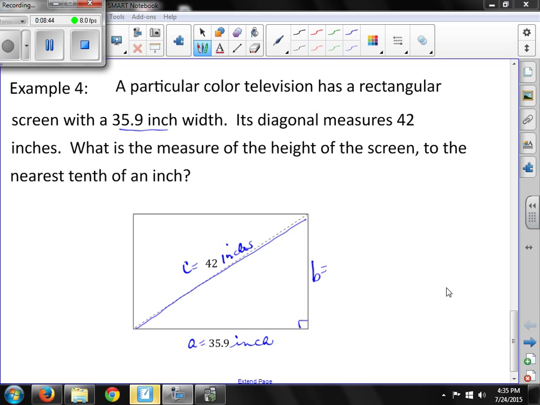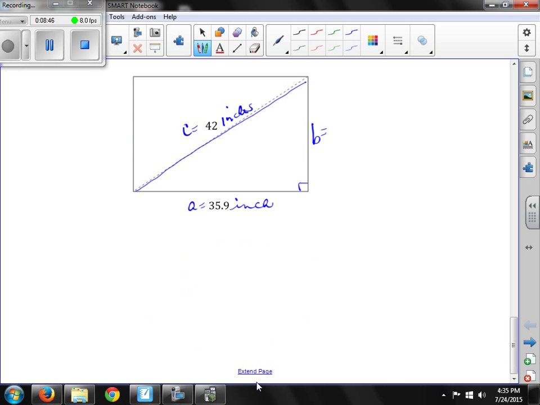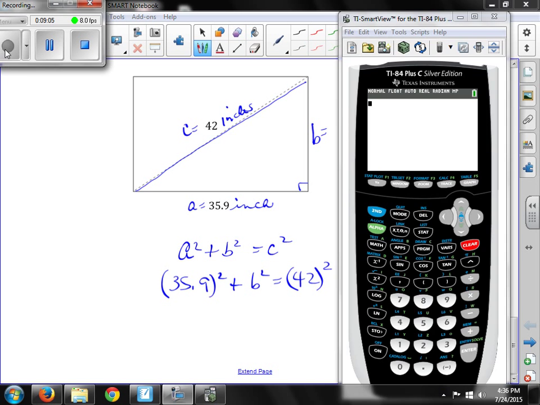So now my Pythagorean theorem says that A squared plus B squared is equal to C squared. So I'll have 35.9 squared plus B squared is equal to 42 squared. Grabbing my calculator, I'll have 35.9.